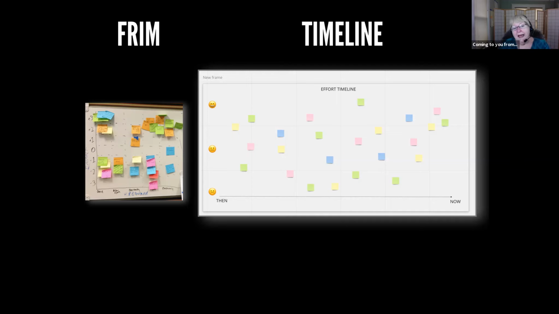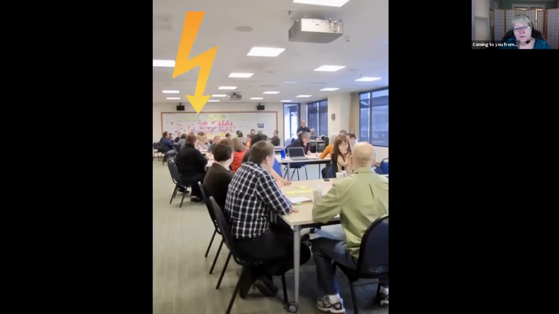So once we have this data, and you'll notice, here's a picture of an enterprise retrospective that I led at one point. And each of these table groups were a part of an enormous release that was going out.